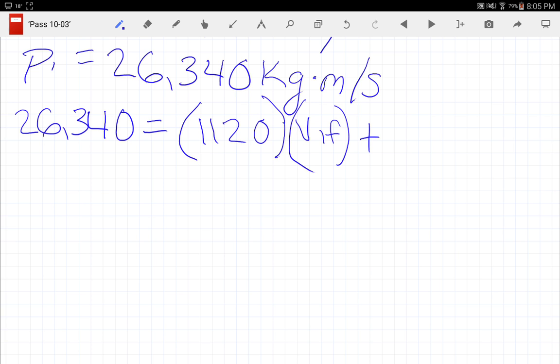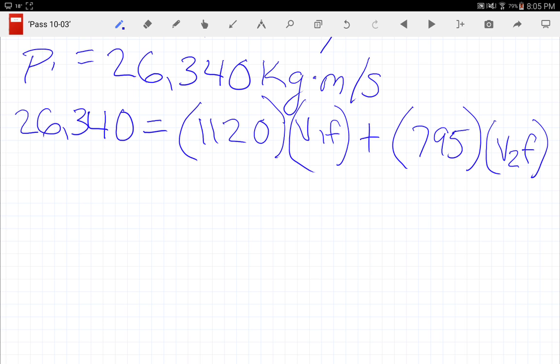So for your initial momentum, it's mass times the initial velocity, and then final momentum is thus mass times final velocity. Makes sense. Okay, so then we have mass 2 times V2 final. Okay, so now we can solve for this.